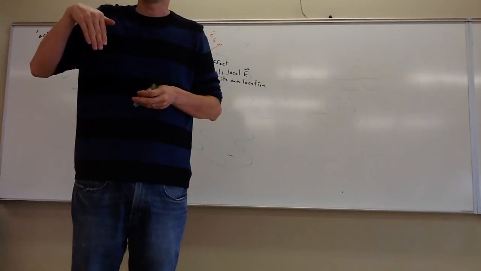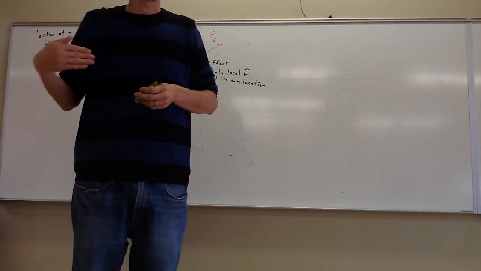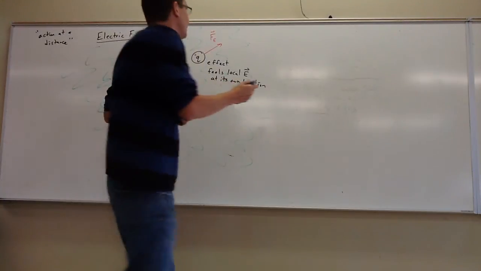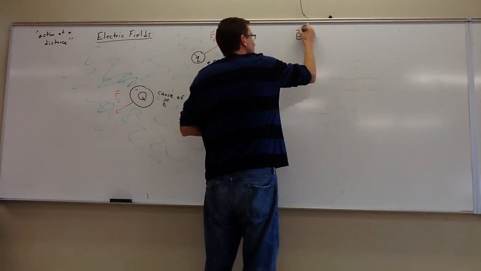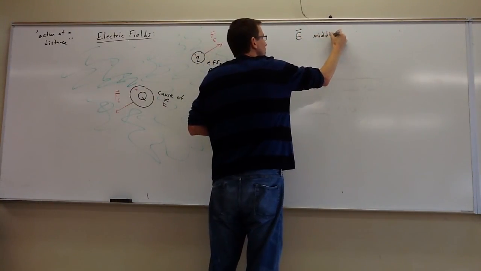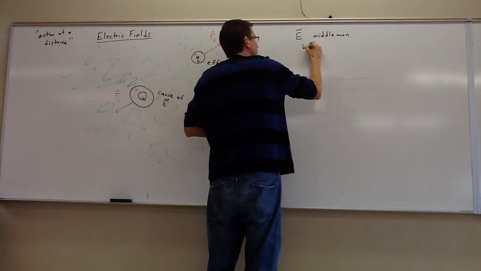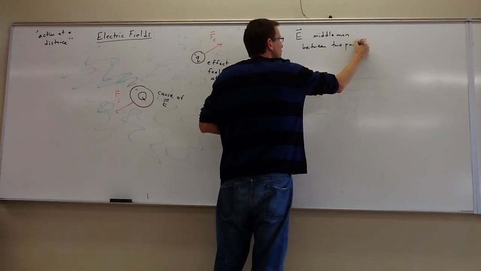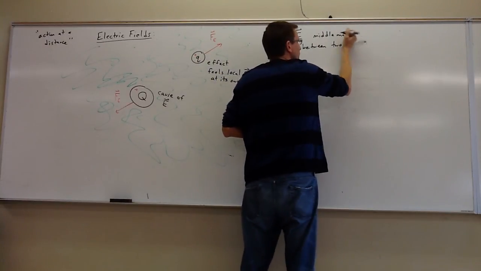That doesn't make any sense, right? That's like a self-force. You can't exert a force on yourself. So remember that the electric field is the middleman between two particles, two charges.